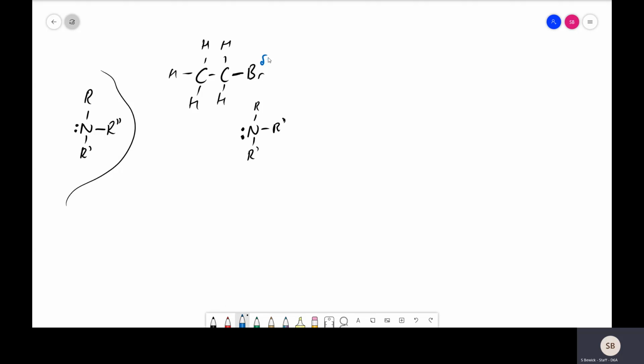We've still got the partial charges on the halogenoalkane. This first step, it's still going to act as a nucleophile. So it's still going to attack, the carbon halogen bond is going to break. This time, what have we got? We've got a nitrogen. We've got the CH3CH2 group that we've got from this one.